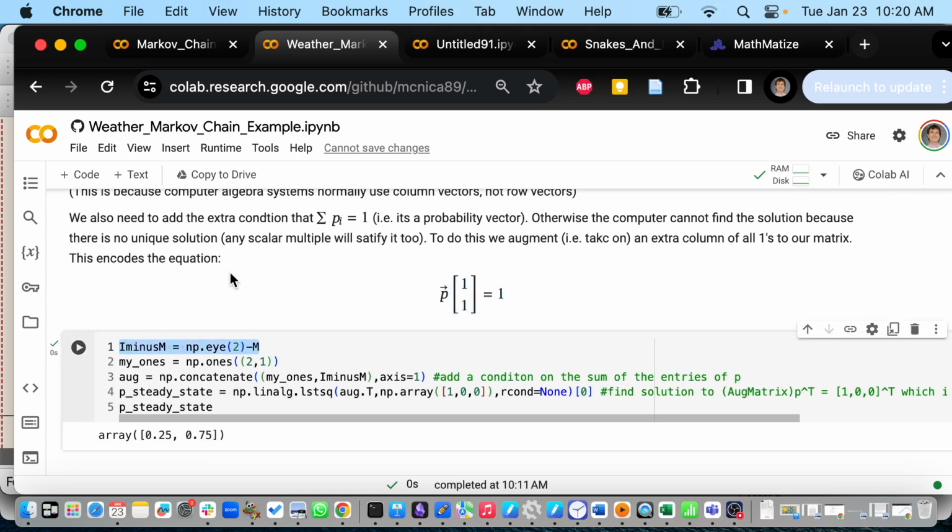I minus M is our matrix. ones is the vector 1, 1, and this aug is the augmented matrix of stacking together 1, 1 with I minus M. To do rectangular matrices, it's not np.linalg.solve, it's np.linalg.lstsq.